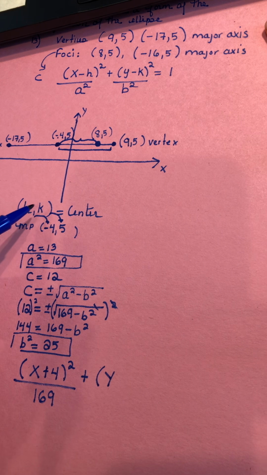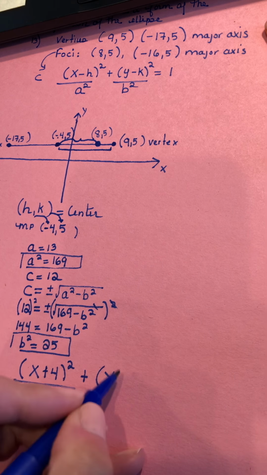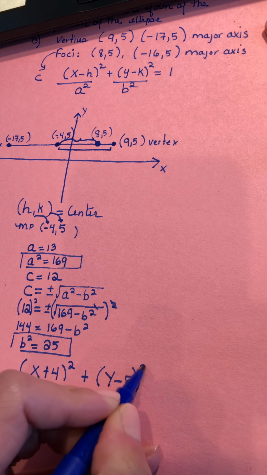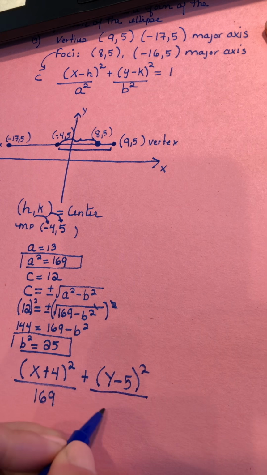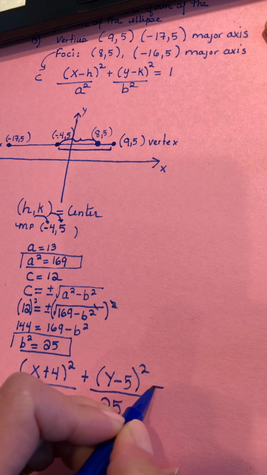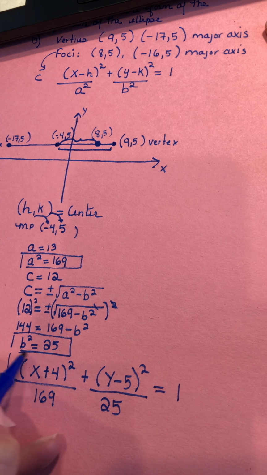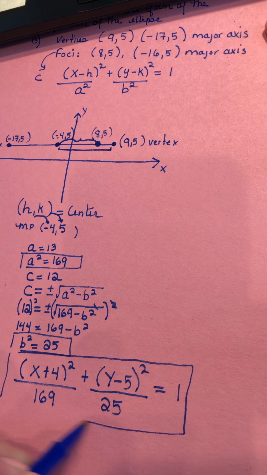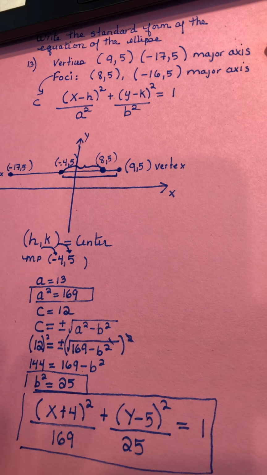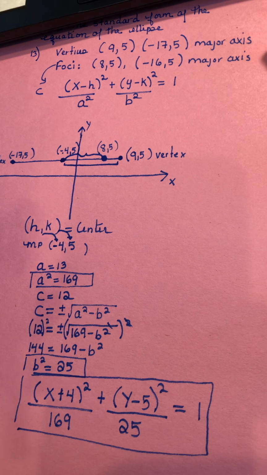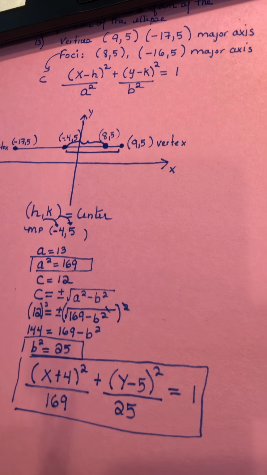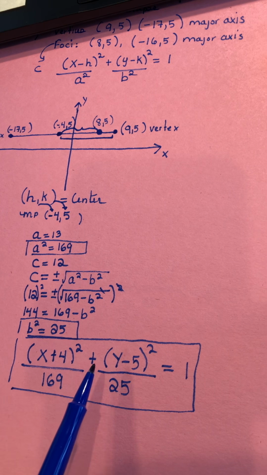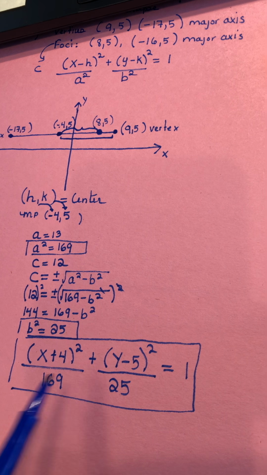And k is the 5, so it's going to be (y minus 5) squared over b squared, which I figured out is 25, is equal to 1. And this is the equation of the ellipse in standard form that has the vertices and the foci that were given. So one good way to test your understanding is to actually type this into Desmos. You can carefully type this equation in, and you can click on the points to see that these points are indeed on this ellipse.